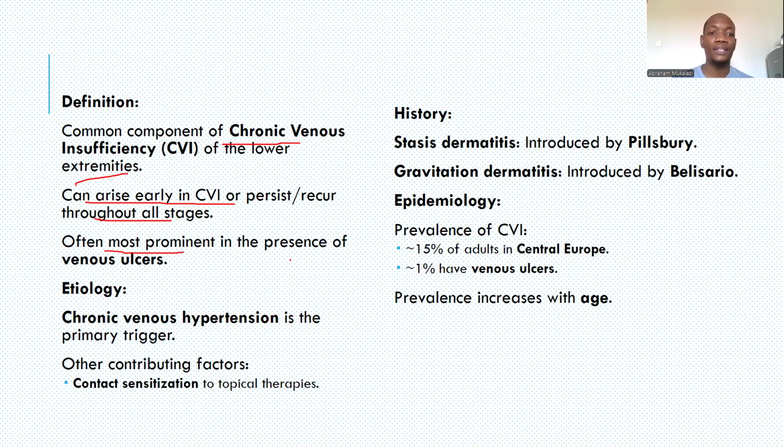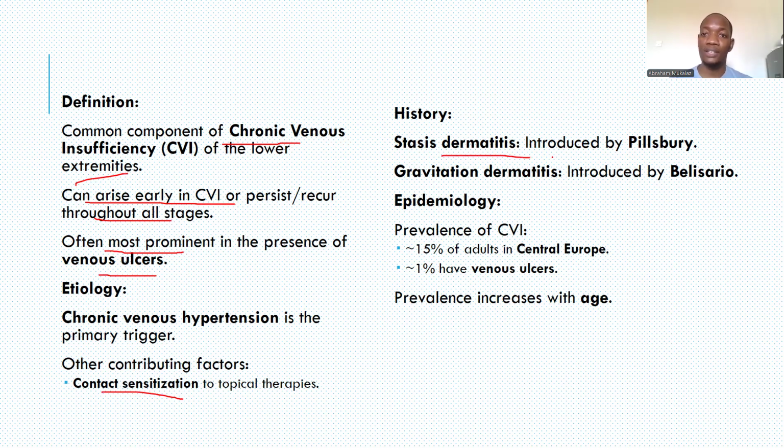Oftentimes it may be prominent in the presence of venous ulcers or wounds, and sometimes it can actually be the precursor that ends up giving you the venous ulcer. The cause has been associated with chronic venous hypertension being the primary trigger, and other contributing factors can be contact sensitization to topical therapies, as well as the local footwear and the skincare products that someone applies.